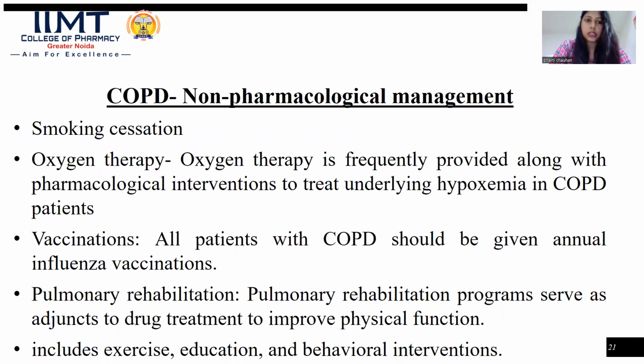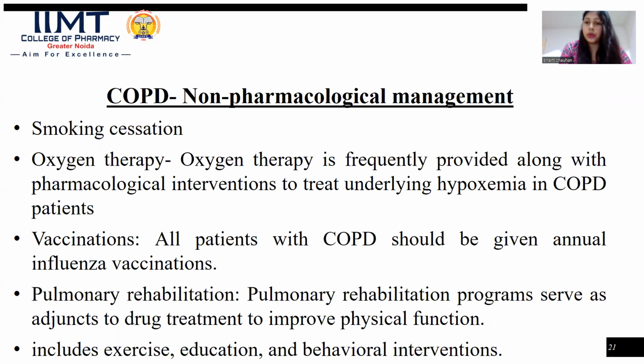Non-pharmacological management: you should avoid smoking, right? I have already told you throughout the video lecture that smoking and drinking should be avoided if you want to avoid these diseases. Oxygen therapy is frequently provided along with pharmacological intervention to treat underlying hypoxemia in COPD patients.